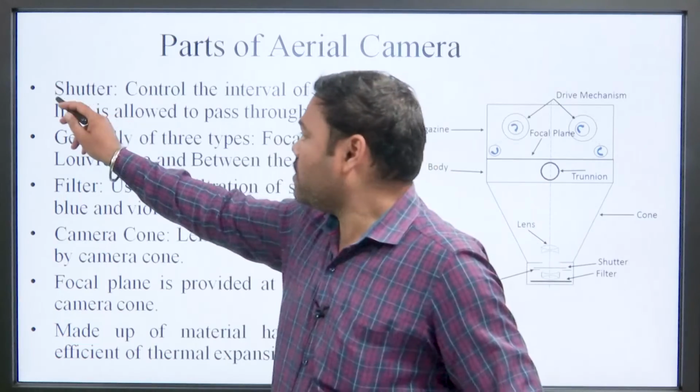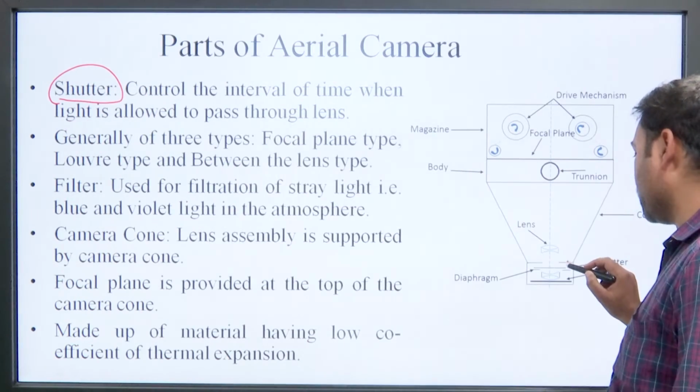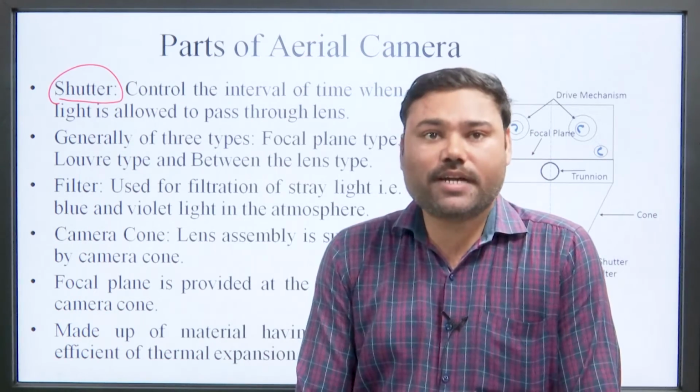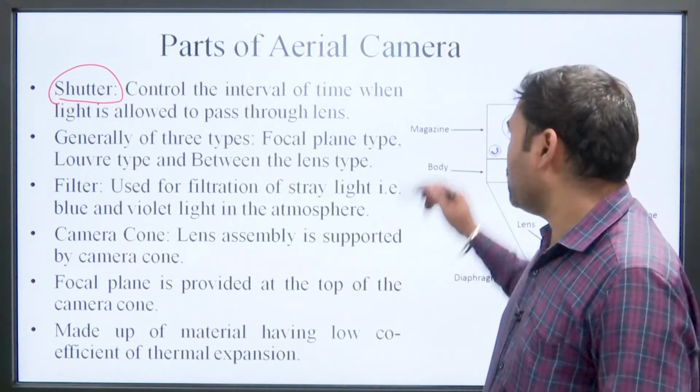Talking about the shutter, this portion is known as the shutter. It is used to control the time when light is allowed to pass through the lens.